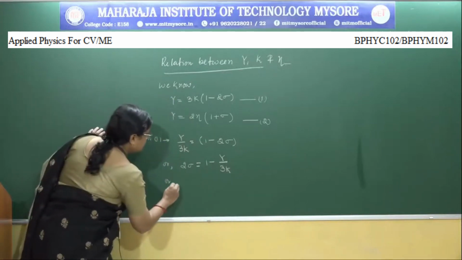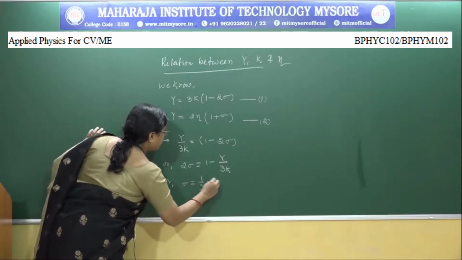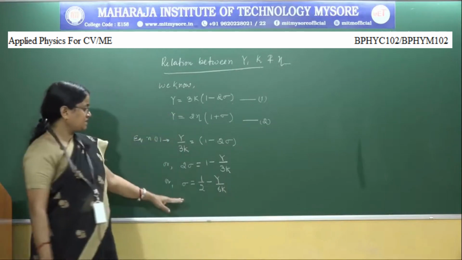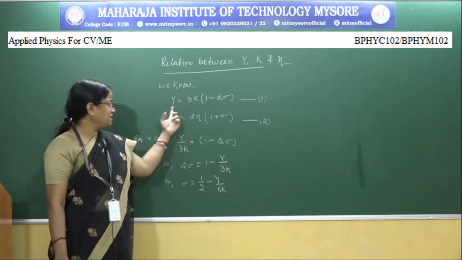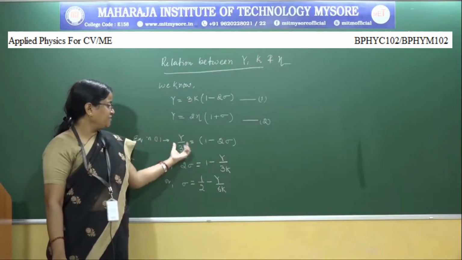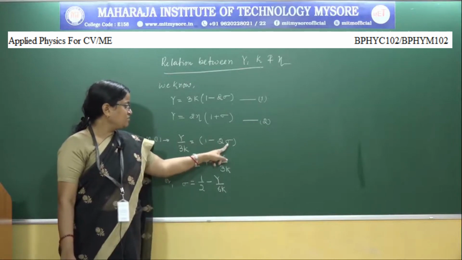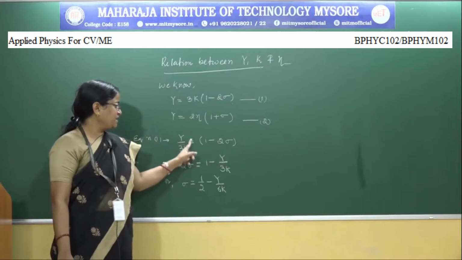or sigma will be equal to 1 by 2 minus Y by 6K. What we have done: we have taken 3K to the denominator, we get Y by 3K is equal to 1 minus 2 sigma. So minus 2 sigma will be equal to Y by 3K minus 1.